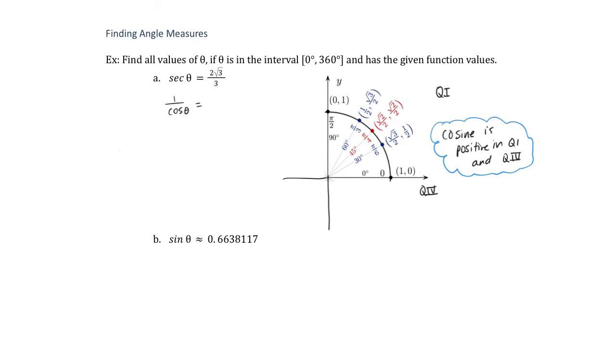Okay, so secant is 1 over cosine, 2 root 3 all over 3, and so that means that our cosine would be the reciprocal, where you can just set cross products equal.